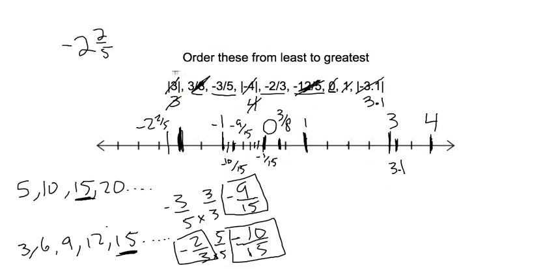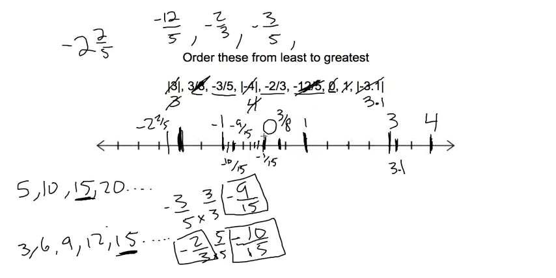So if we're going to see what's the order from least to greatest, we're now just going to read from left to right. We have negative 2 2/5, which is also negative 12/5 from our beginning number here. Then we keep going and we have negative 10/15, which is negative 2/3. Then we have negative 9/15, which is negative 3/5.